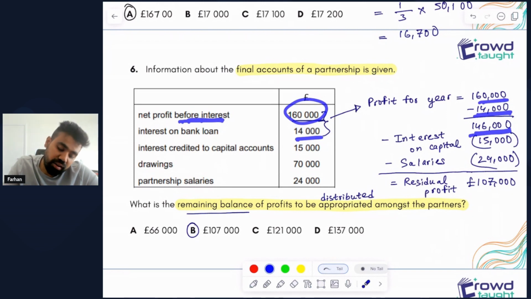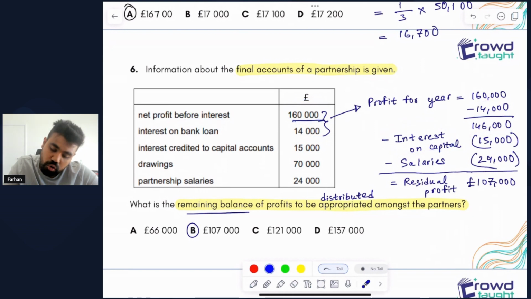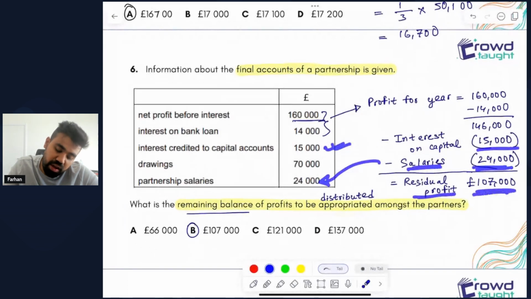Then we subtract the interest on capital based on what we have learned already before. So we are subtracting 15,000 in interest on capital, and we are subtracting a further 24,000 for salaries based on the information that's given here. On that basis, we get a residual profit of £107,000, straightforward, and the correct option to select would be option number B.